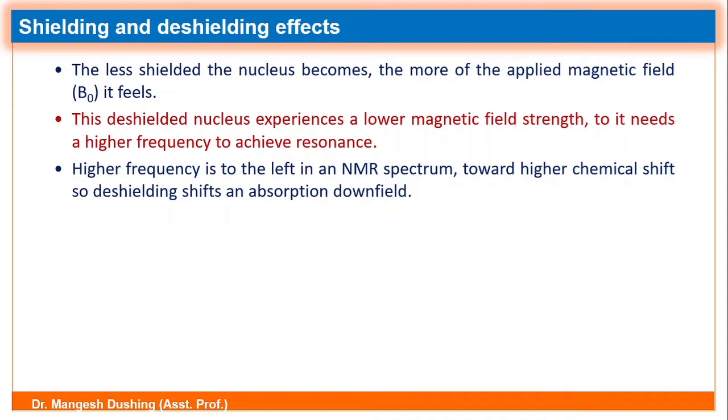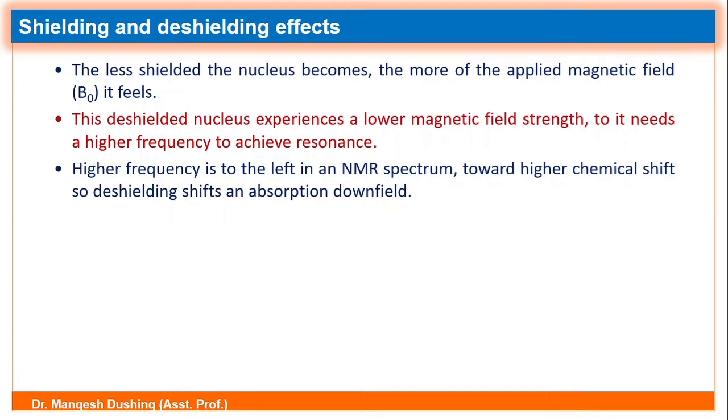De-shielding shifts the absorption towards the down field, because the magnetic field required is small, since that nucleus is de-shielded, less shielded. That's why de-shielding shifts the absorption towards the down field, towards the left hand side, because from left to right we are increasing the magnetic field.